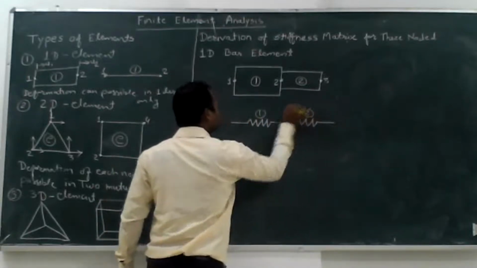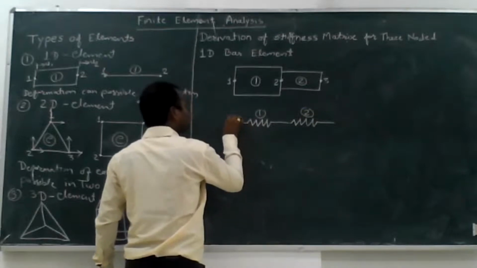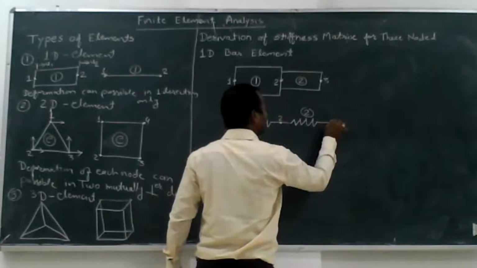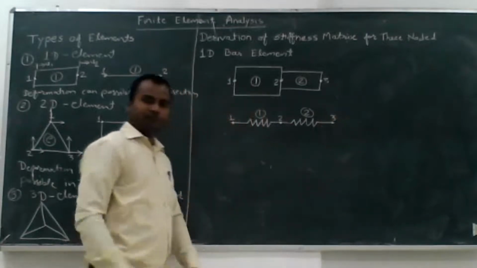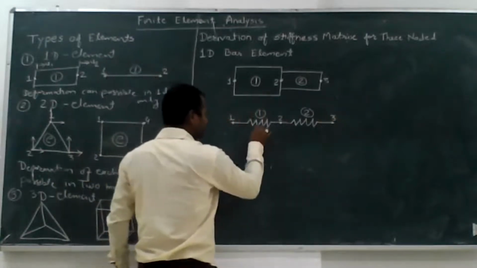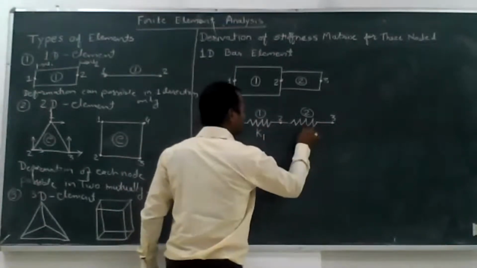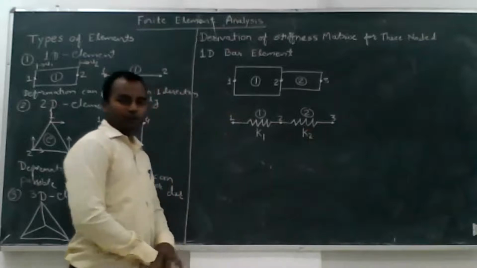Element number 1 has node 1 and node 2, and element number 2 has node 2 and node 3. The stiffness of element number 1 will be K1, and the stiffness of element number 2 will be K2.